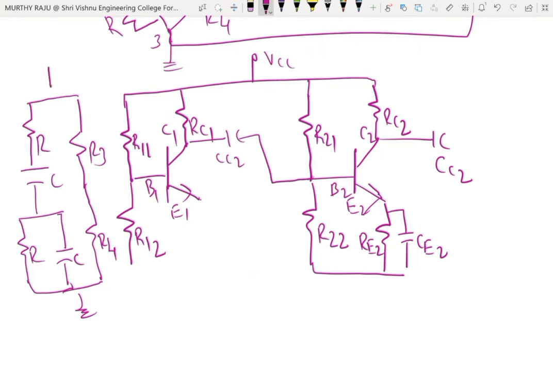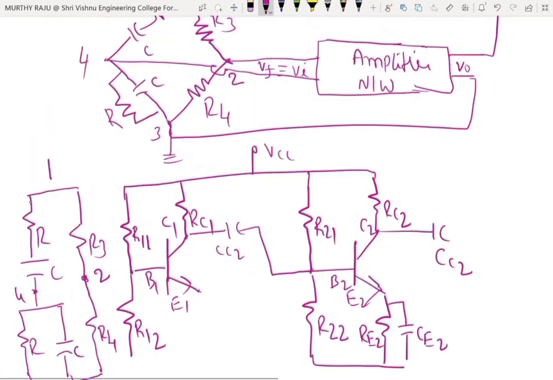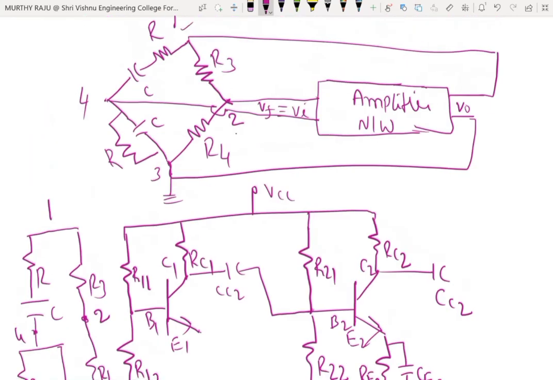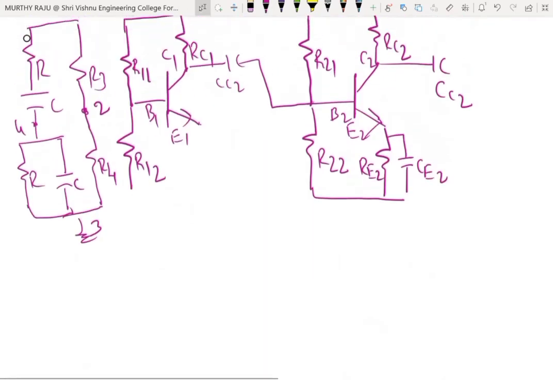These are terminals 1, 2, 3, 4. In between 4 and 3, a capacitor is connected in parallel.